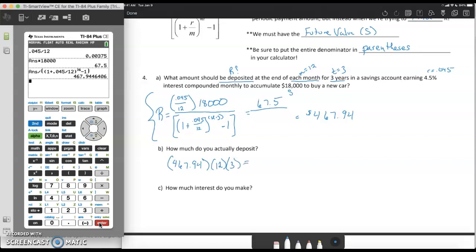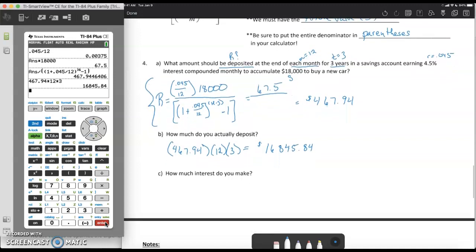So you multiply all three of those values together. So let's see, 467.94 times 12 times 3. So you deposit $16,845.84.